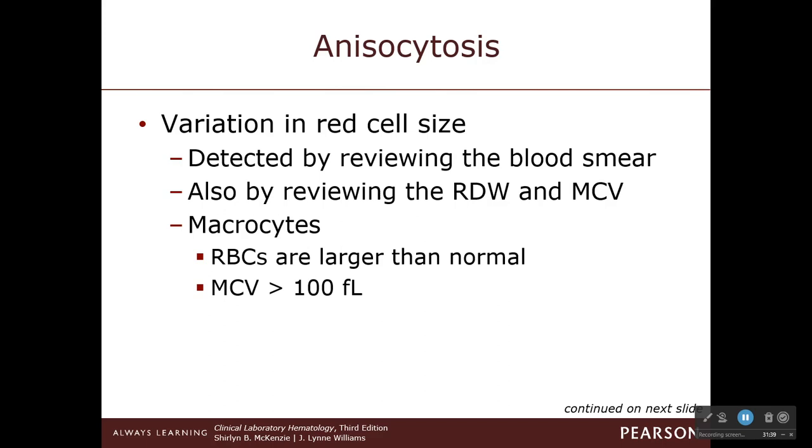Poikilo deals with the shapes of the cells. Okay? And I always remember, because pigs want to be in shape. So you'll never forget it now. Aniso is the size, poikilo is the shape of the cells, okay?